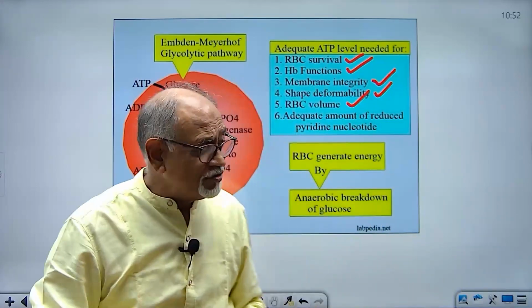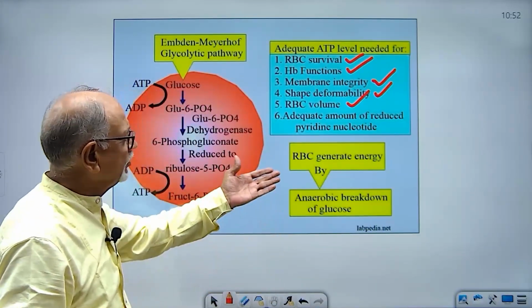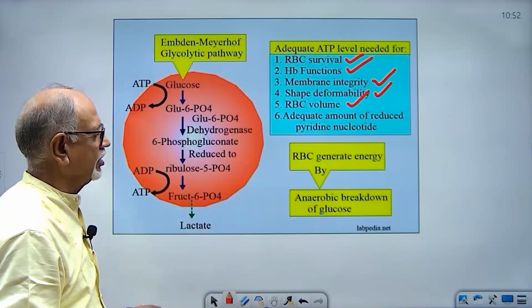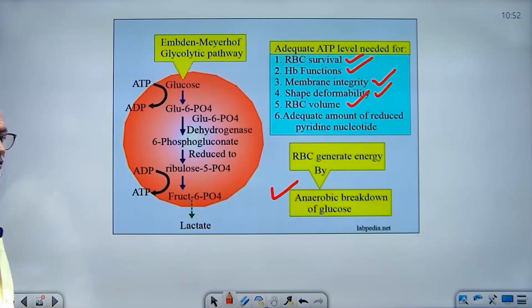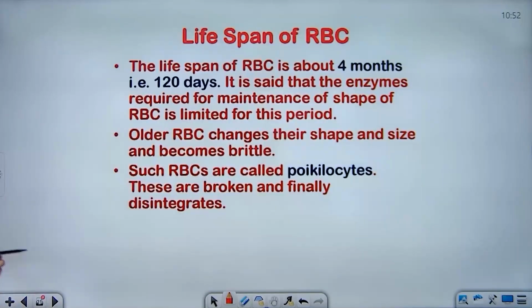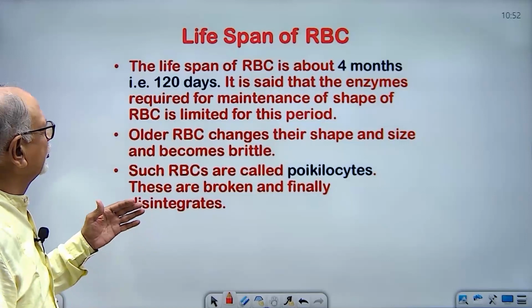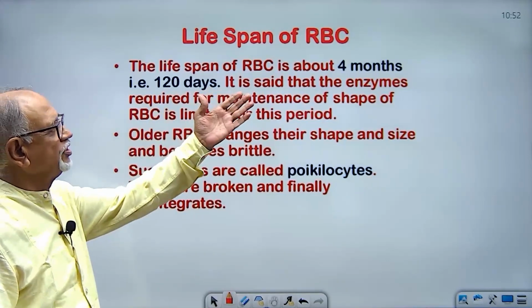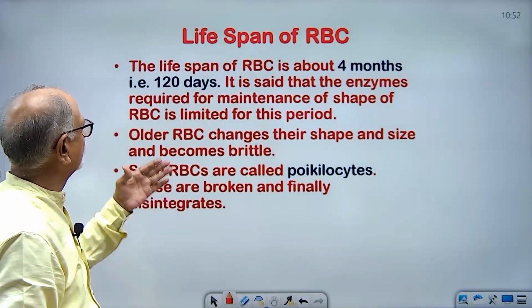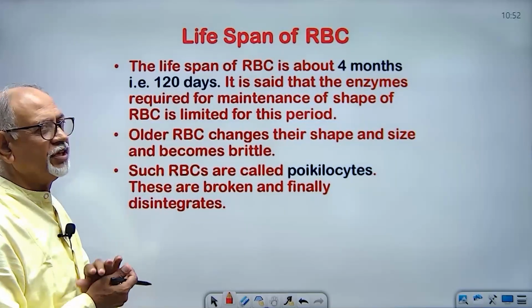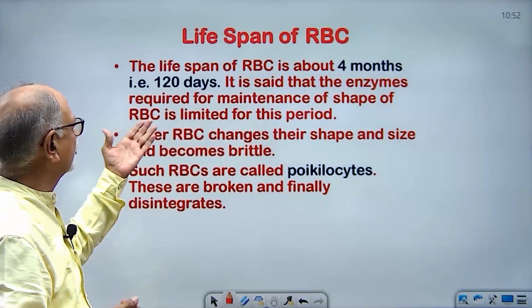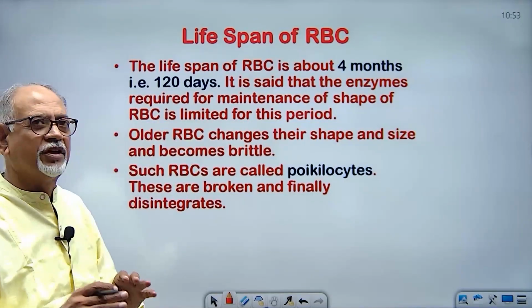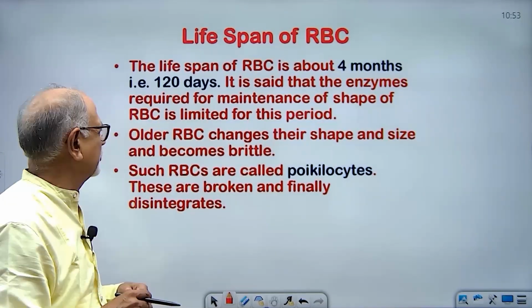Now, as I mentioned just now, RBC generate energy by anaerobic breakdown of glucose. Now, coming on to the lifespan of RBC. The lifespan of RBC is about 4 months, that is 120 days. It is said that the enzymes required for maintenance of shape of RBC are limited for only this period.